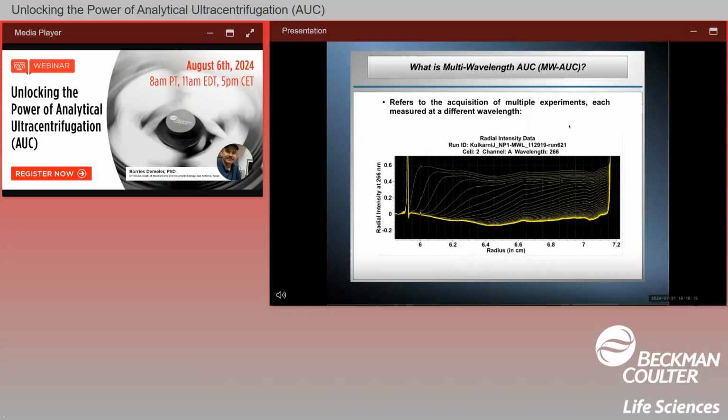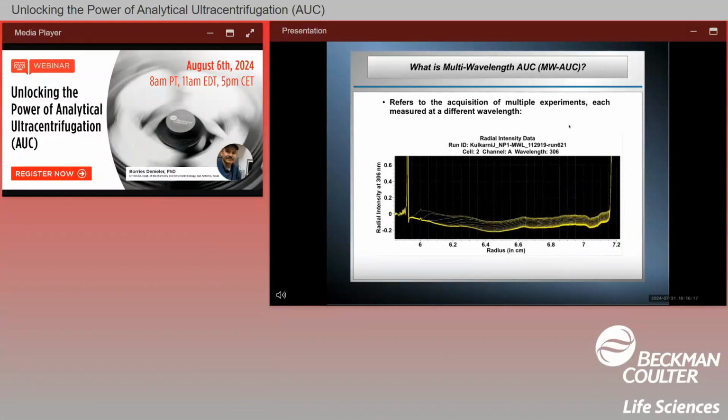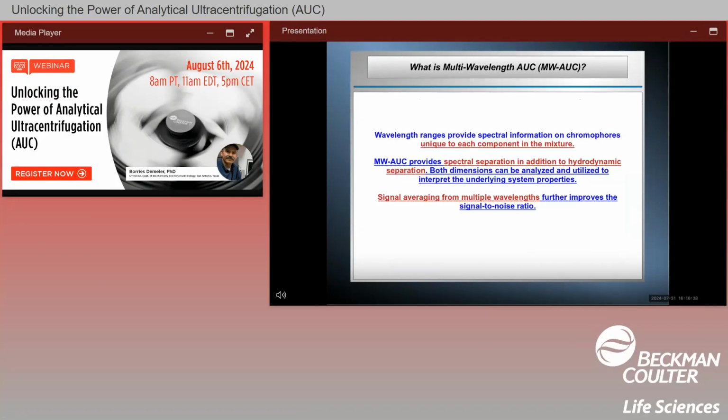In a multi-wavelengths experiment, we measure the same experiment at different wavelengths. In the same experiment, we just change the wavelengths and scan. And as you just saw, these wavelengths will have a different response that is proportional to the amount of absorbance that we see from our molecule at each one of these wavelengths that we're measuring.